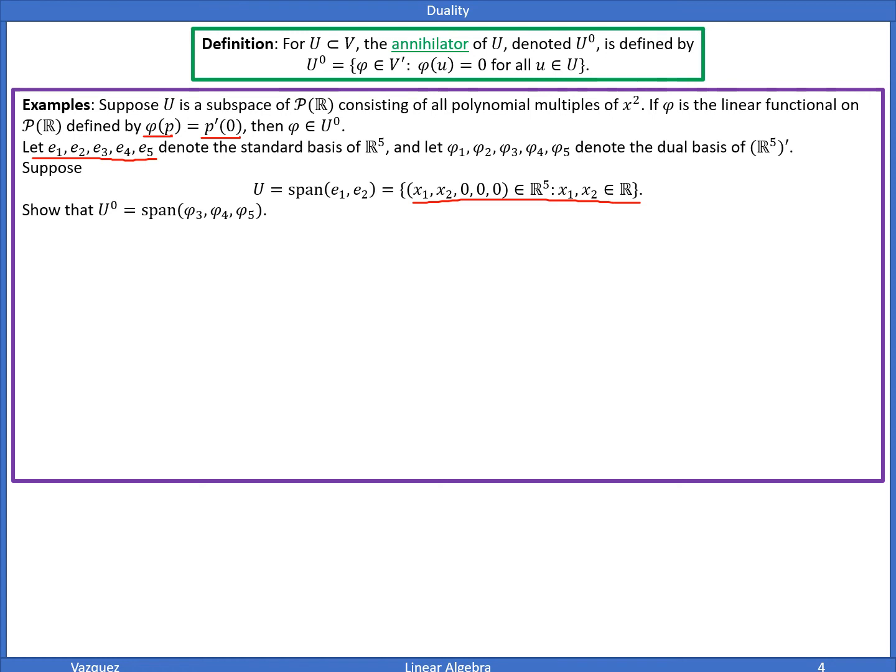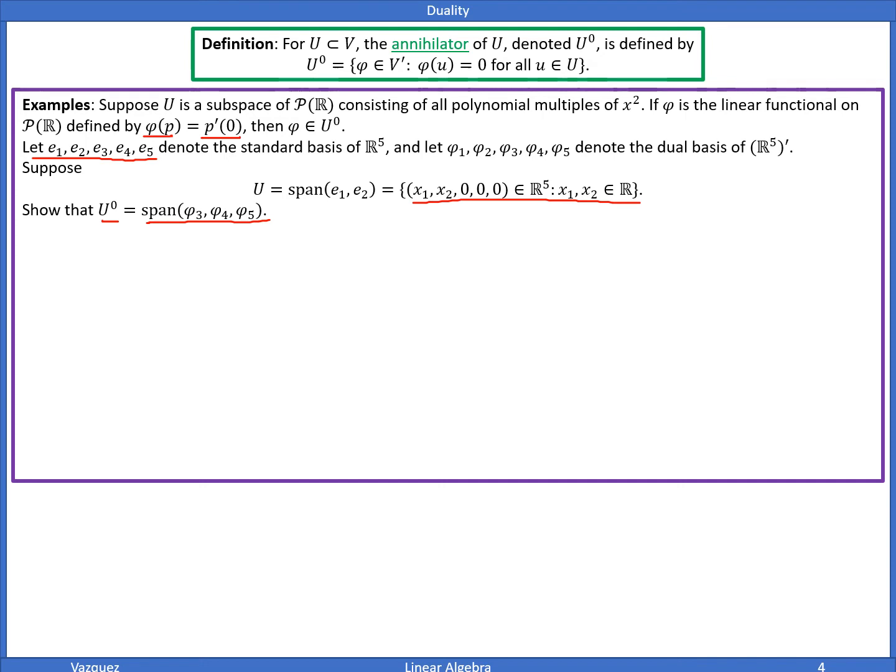We're going to show that the annihilator of U is equal to the span of phi3 to phi5. How do we do that?